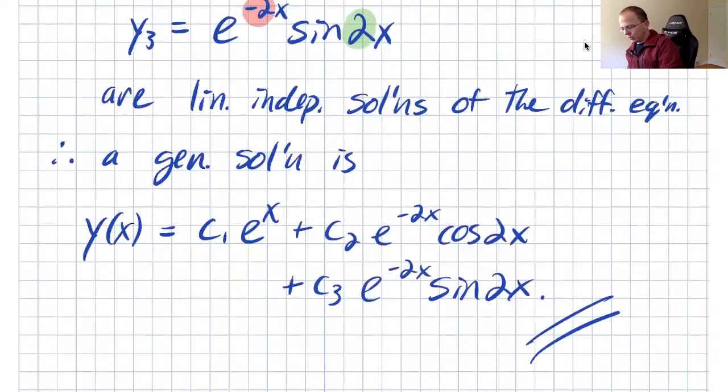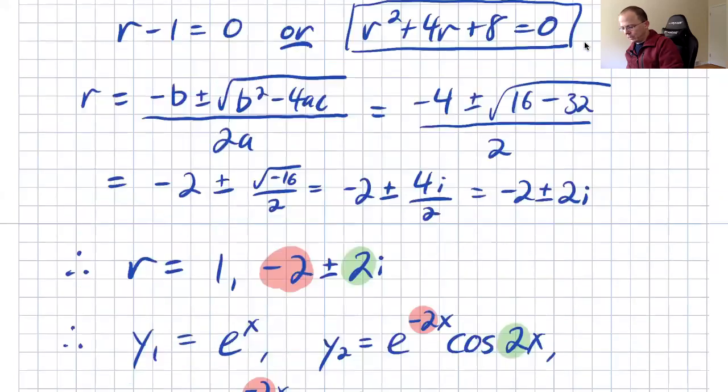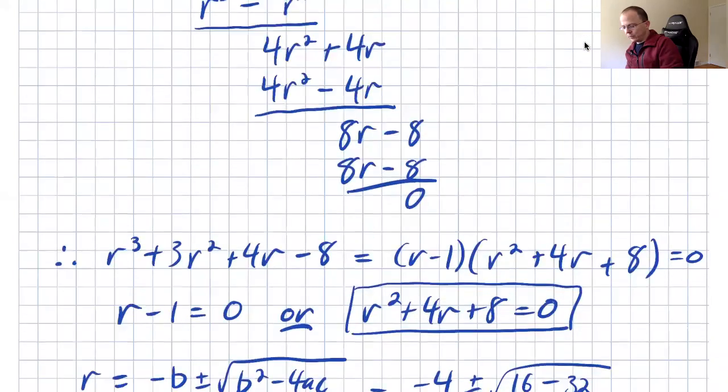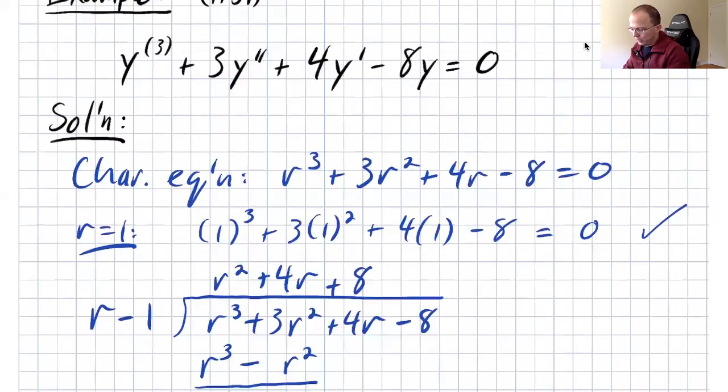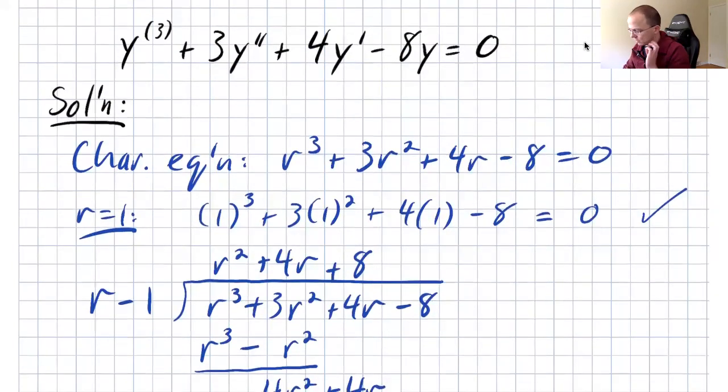So that's how it works. What did we do? We took the differential equation, we wrote down its characteristic equation, and we found one root by just guessing. If we put r equals 1 in there, it turned out that was a root.